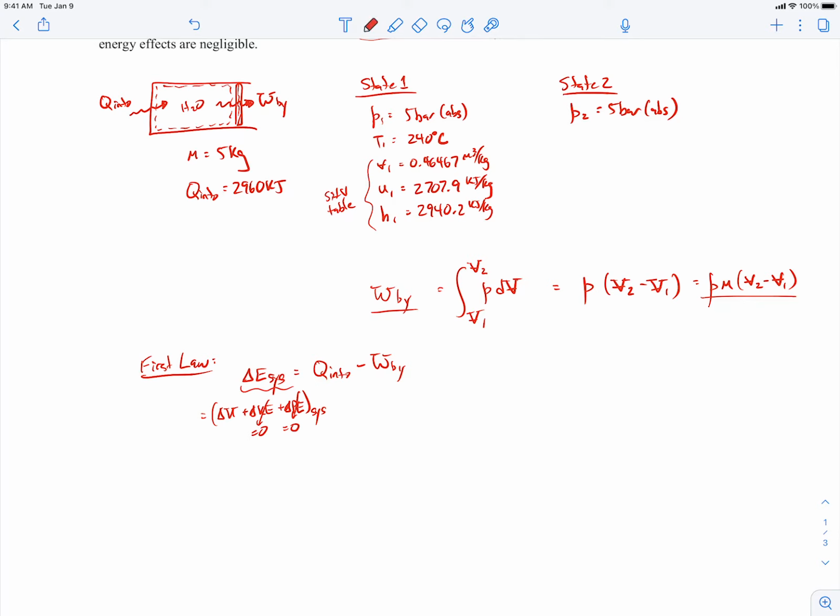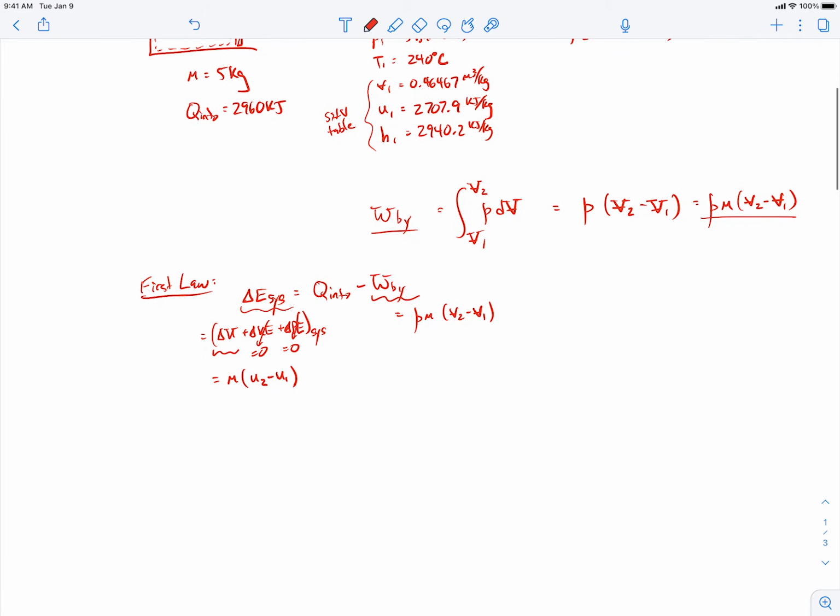And then one last thing, the change in the internal energy, I can write in terms of the mass times the change in the specific internal energy. So we have that. The other thing I can do is make use of the work done by the system that we just derived over here. So let me write that out. I'll just expand it. Okay, so we have that.